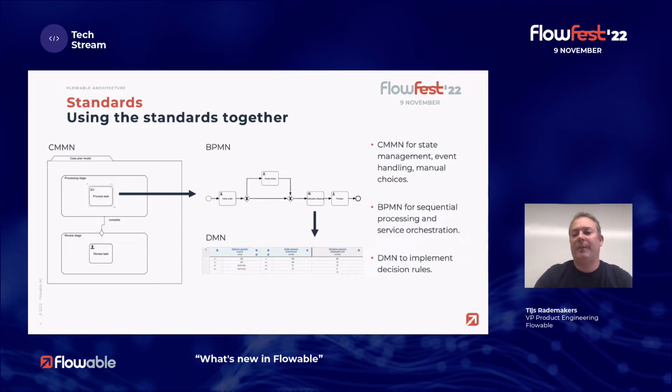And the same goes for BPMN to DMN. And actually you could also use a DMN in a CMMN model. You have a decision task that you can use in your process or case model, and that will invoke a DMN decision table or even a DMN service if there's more complex logic involved. So it's really the interaction between these different standards.